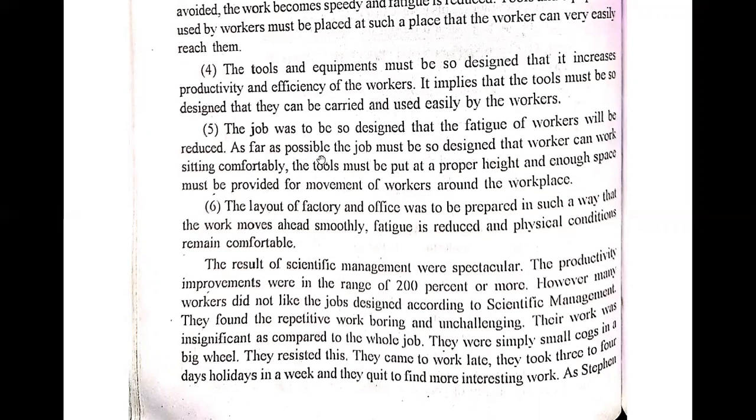So guys, here we are saying that the job should be designed in such a way that the fatigue, or we can say the tiredness, of the workers will be reduced, and the employee can do the work sitting at one place, so he need not move here and there. The tools must be put at a proper height and space so that he can get the tools very easily and has enough space around to do the work.